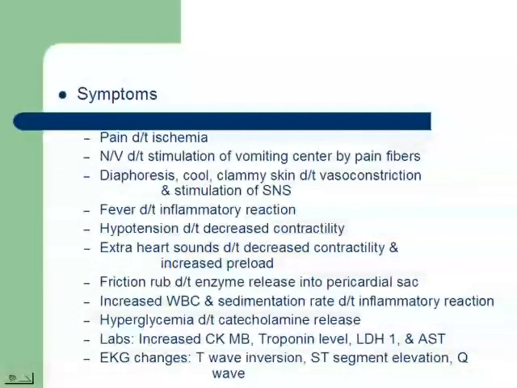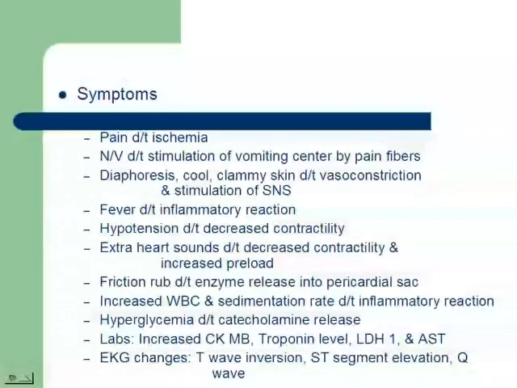Your EKG changes, you'll show T-wave inversion, because about 97% of the time, T-waves are upright. If you have a normal variant, you need to make sure the doctor knows that. And if it's inverted, it means ischemia. ST segment elevation means that you have some injury to that heart muscle, but you can still fix it. Q-wave means that you have myocardial cell death, and it will be with you forever.